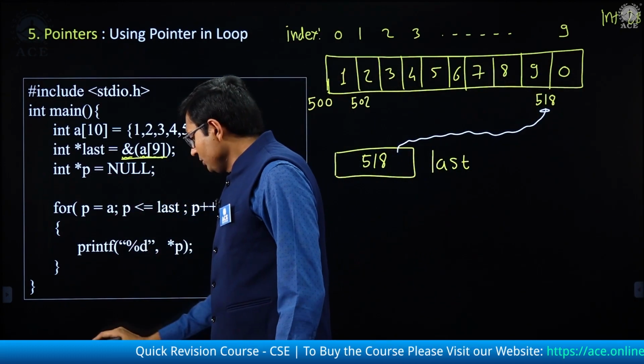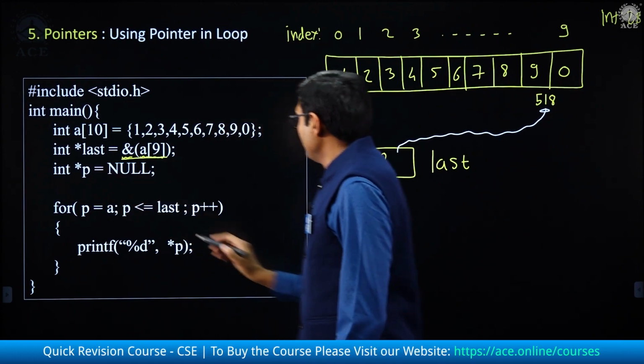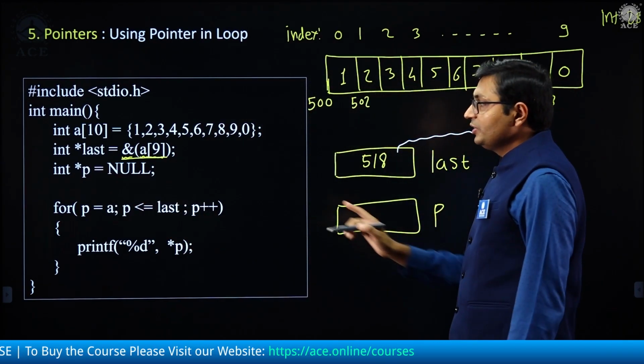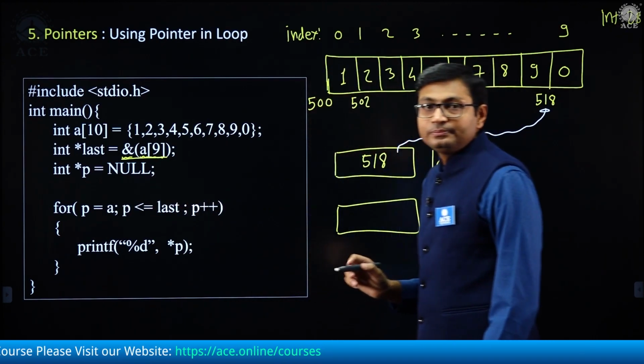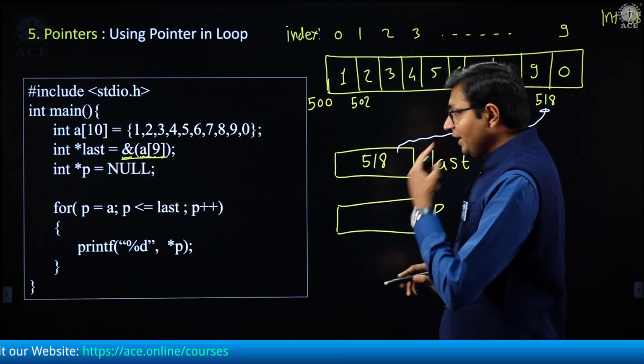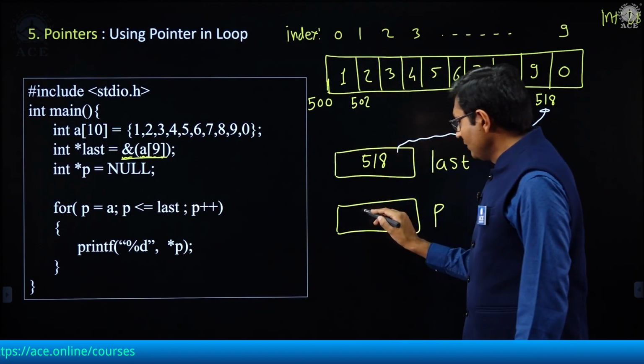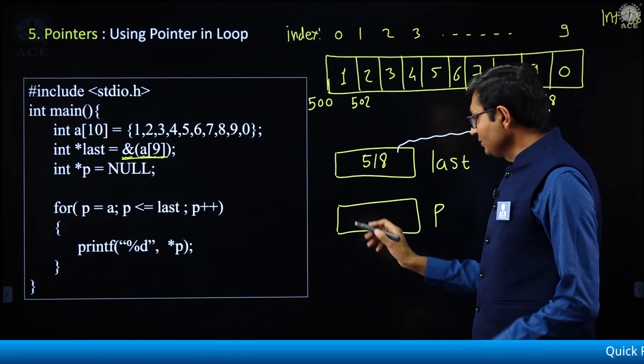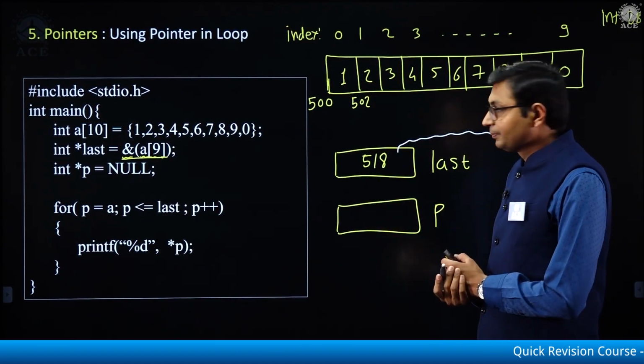Now, there is another pointer named P, which is initialized to null. When I initialize to null, it means actually all the zeros are stored in this memory location of P. Alright.